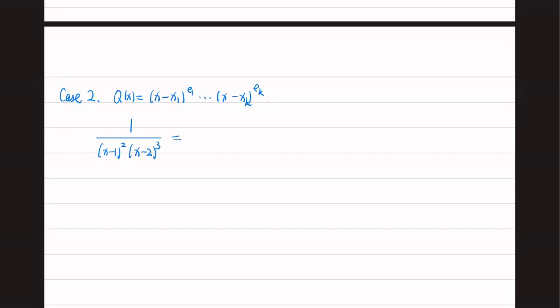Okay, this time we have repeated factors, a square and a cube. Because of the repeated factors, the square will give us two summation terms, and the cube will give us three summation terms. Let's see what they are.